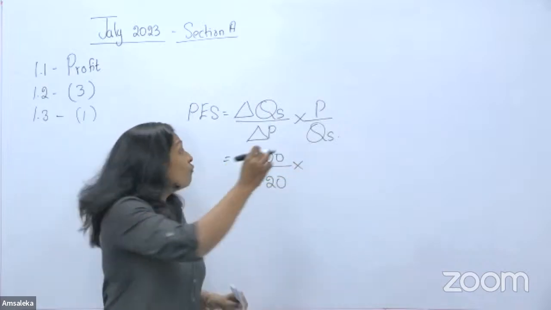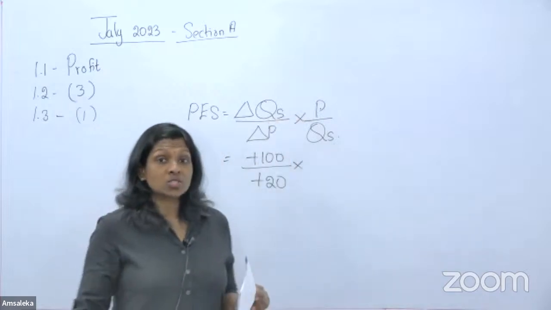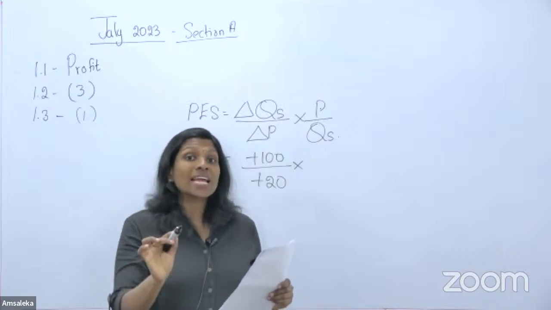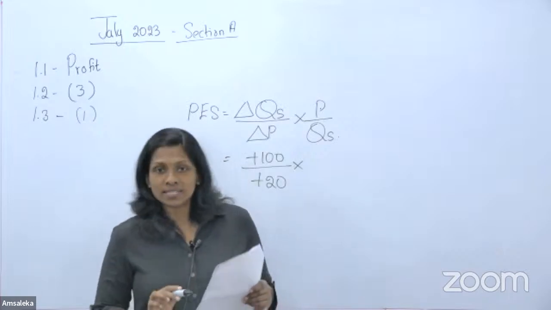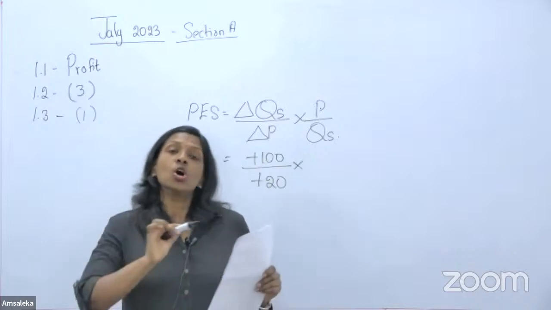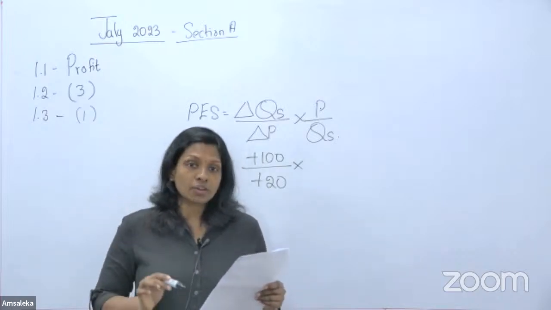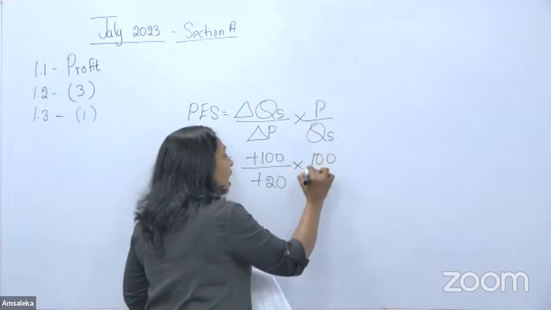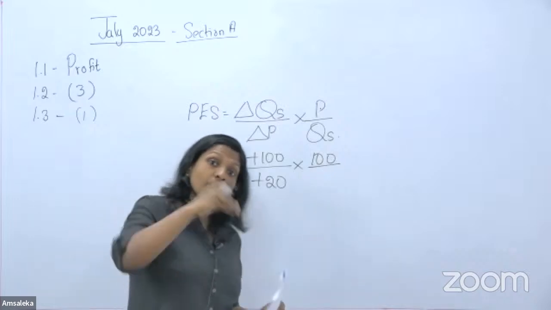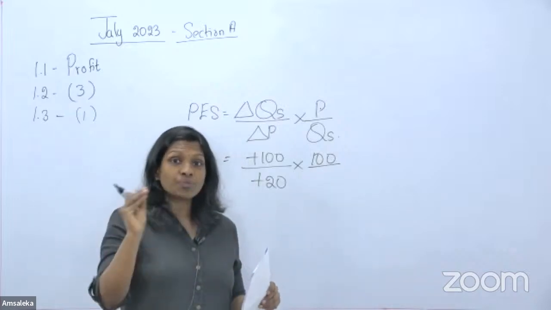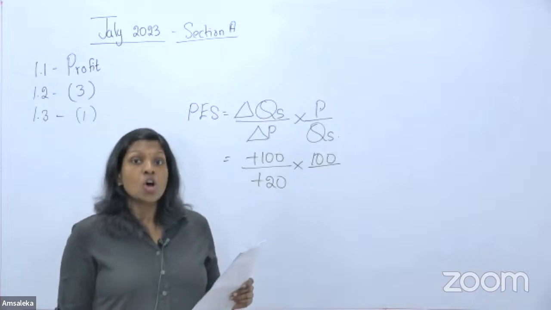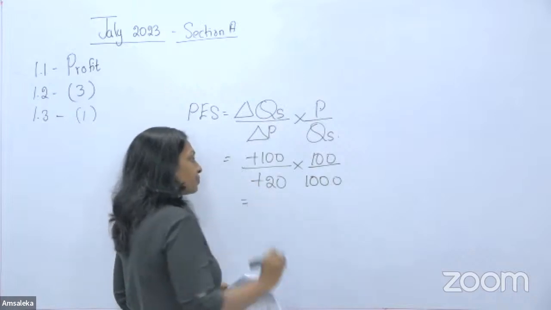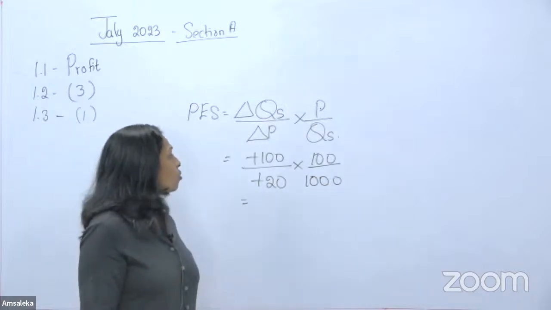So what are this P and QS? Don't forget, always take the very first price given and its quantity supplied. The very first price is 100, because the change comes from 100. So the base price is 100, and for 100 the quantity supplied given is 1000.